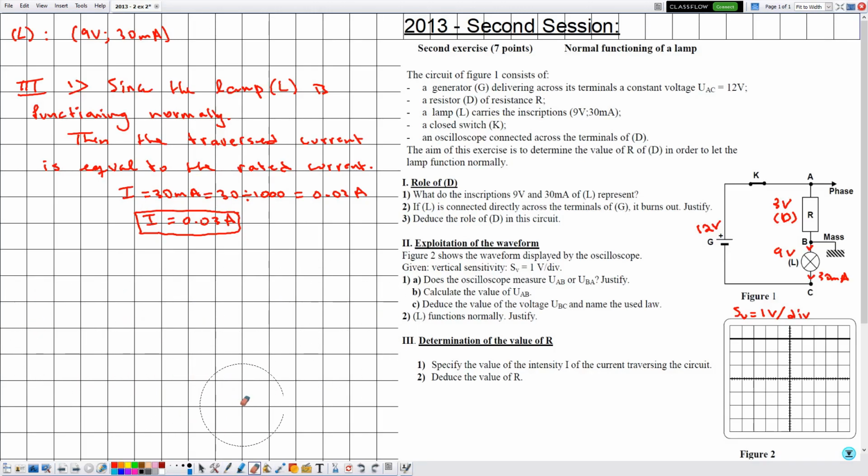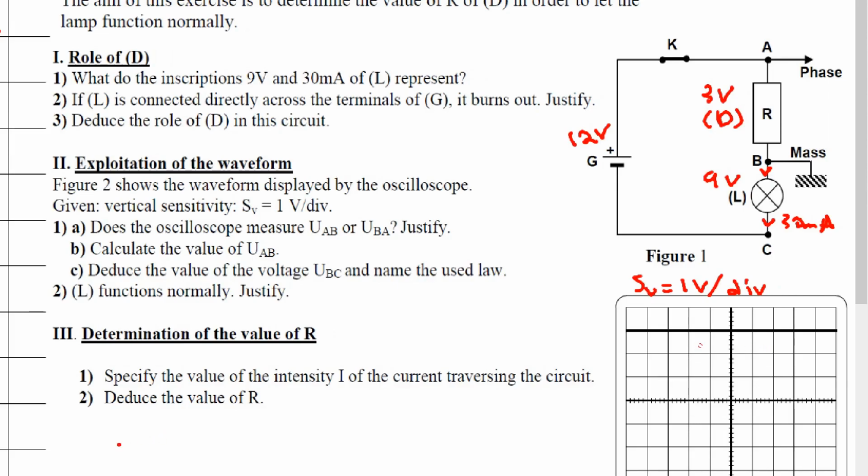And now finally, number 2, they are telling me to deduce the value of R, and deduce means that we need to use the part just previously before, which is part 1. Now we know the value of the traversing current and we know the applied voltage.